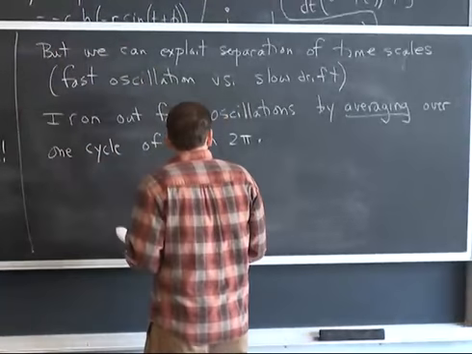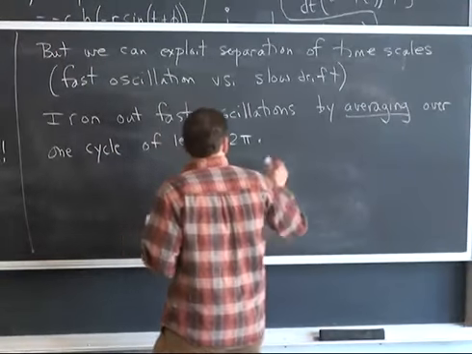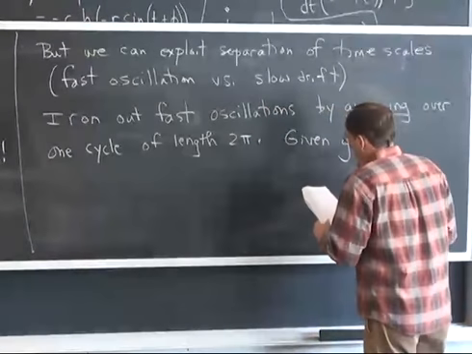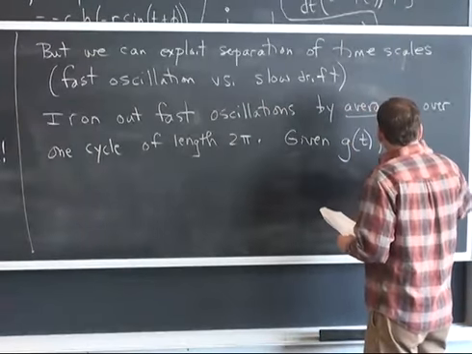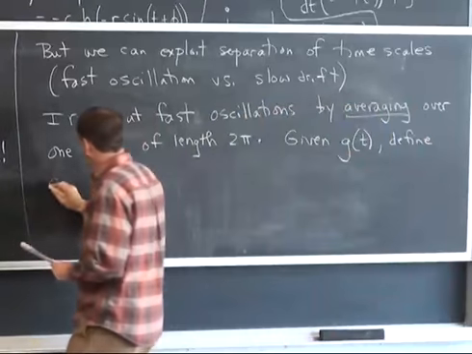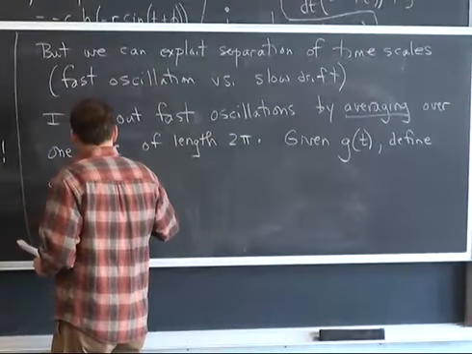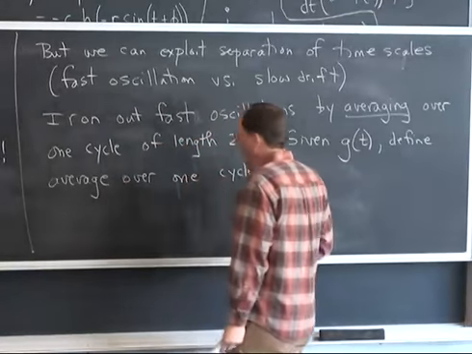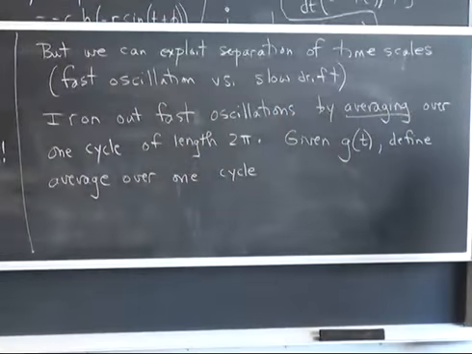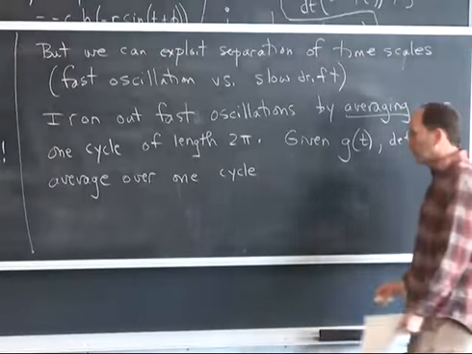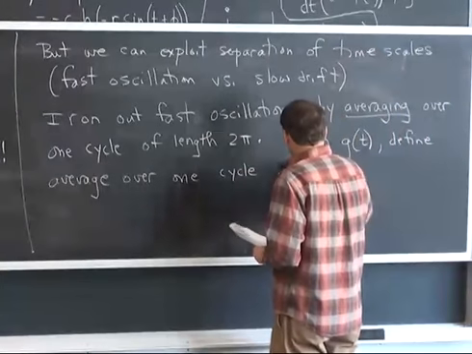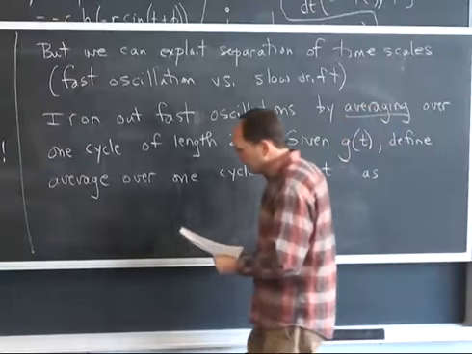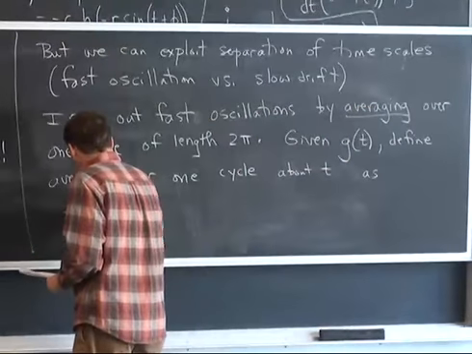So if I have some function g of time, define the average over one cycle, where actually I want this average to be centered on a point t. So average over one cycle about the point t as, I'll call it g bar of t.